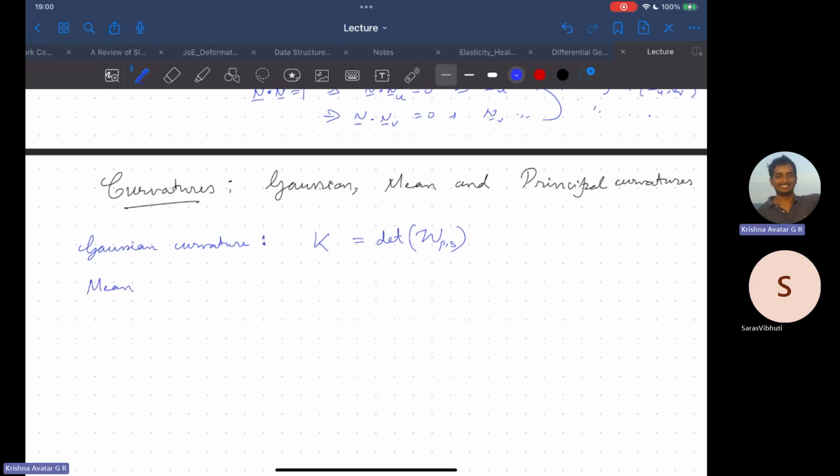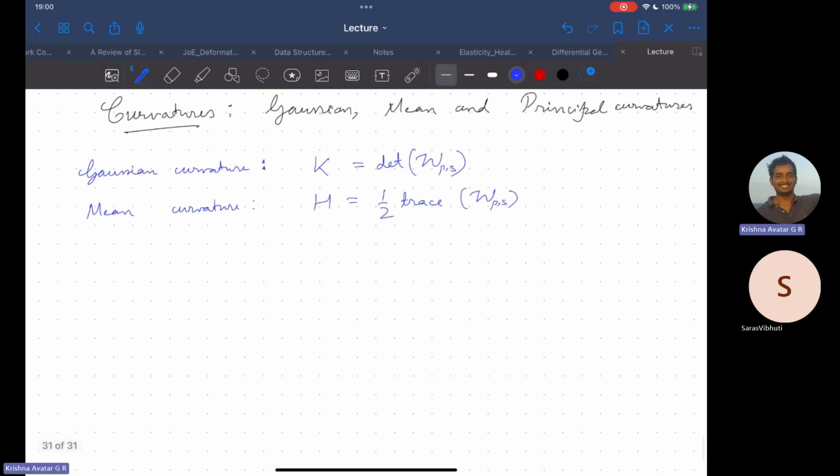Mean curvature H is nothing but half of the trace of W_P S. So once we have the Weingarten map, we can always determine Gaussian and mean curvatures easily.